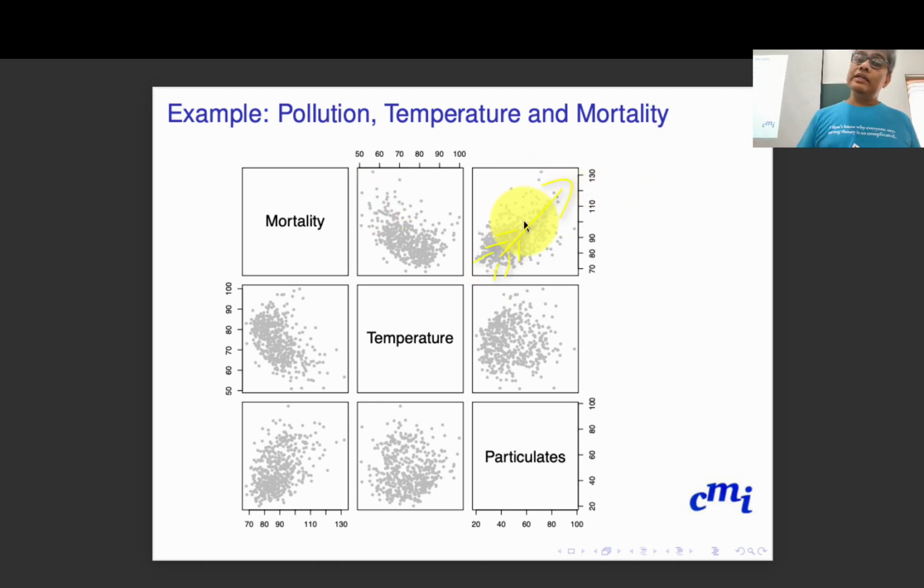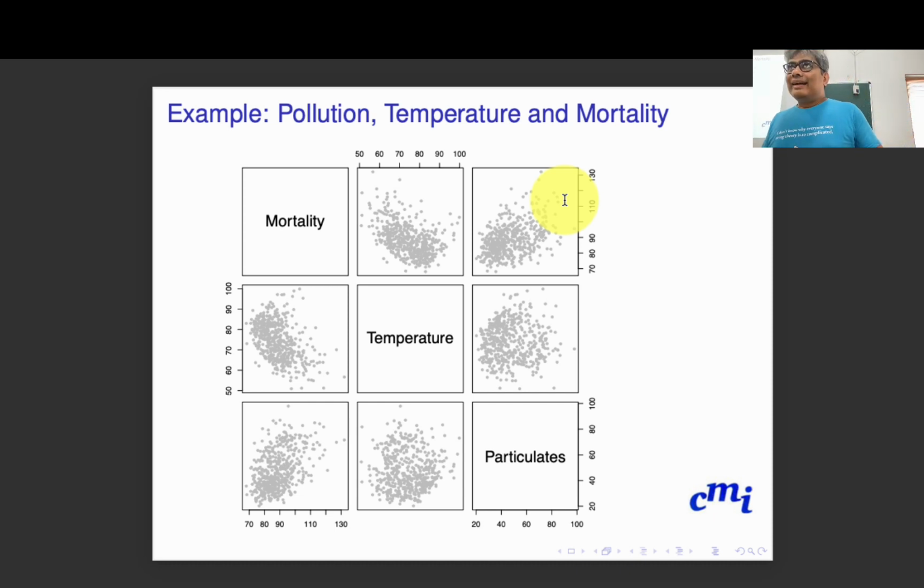What is an interesting fact is the positive relationship that we are seeing between particulates and mortality, at least in the raw data. With increasing particulates, we are seeing a higher mortality rate. Obviously we need to detrend it, and after detrending see if we still see it or not.